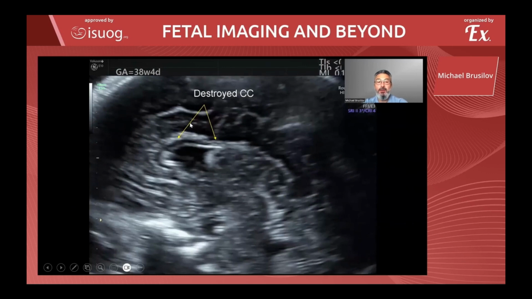and the corpus callosum destroyed. We can see just the anterior part; the splenium was absent.